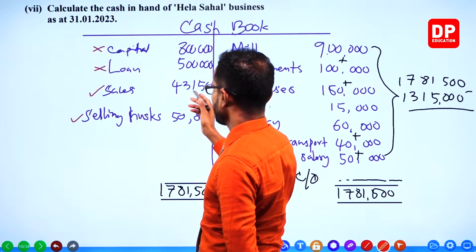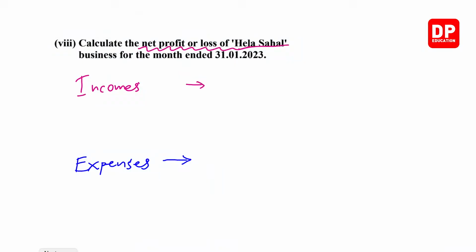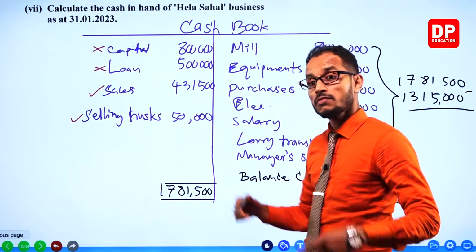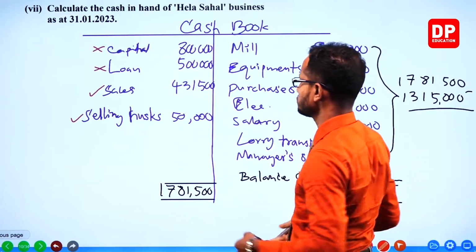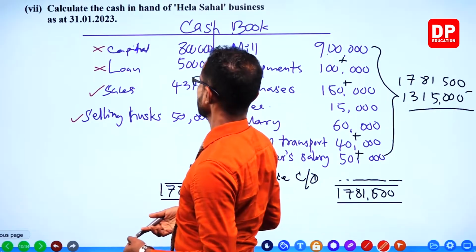We'll take these: sales 431,500 and 50,000. What else? Any other incomes? Not here. We'll go to the case and check. Sales and selling of husks.